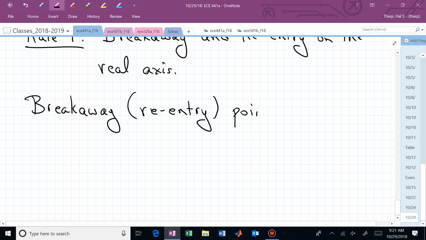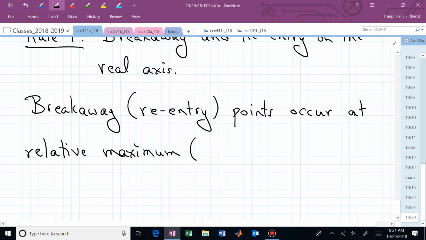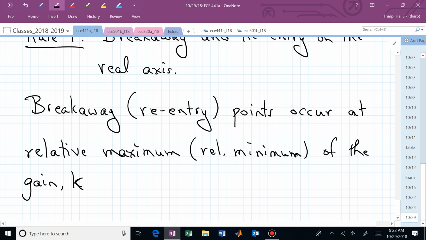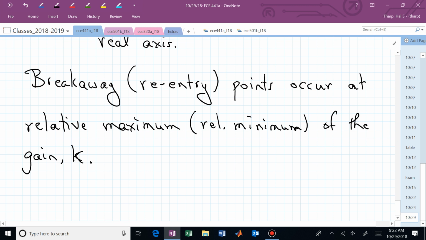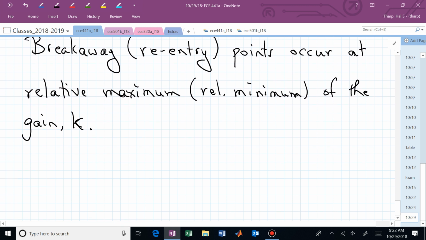Breakaway points occur at relative maximums and the reentry occur at relative mins of our expression or our function that k is going to be defined by. Here's the example.